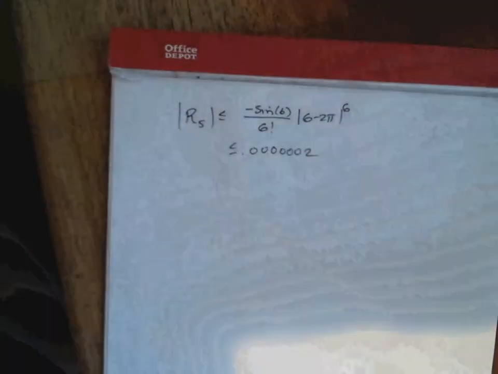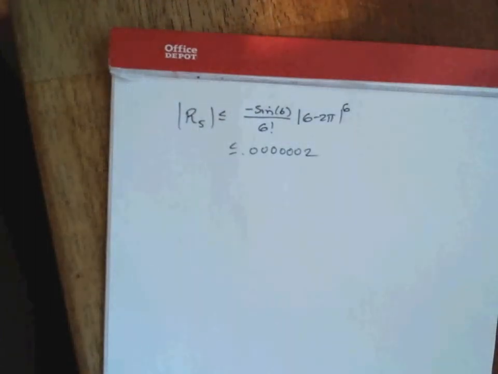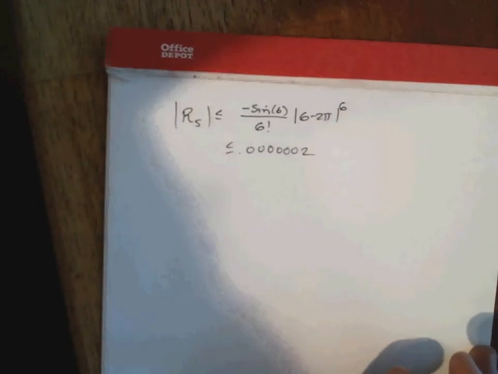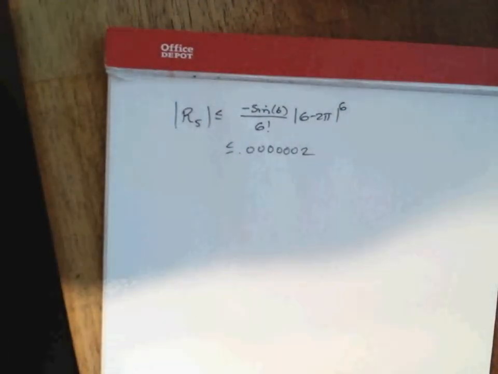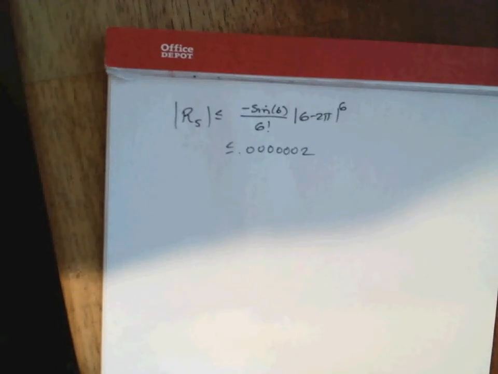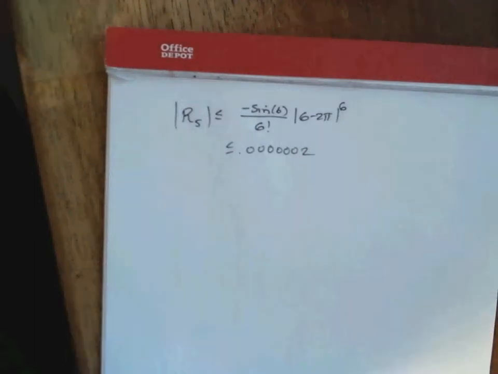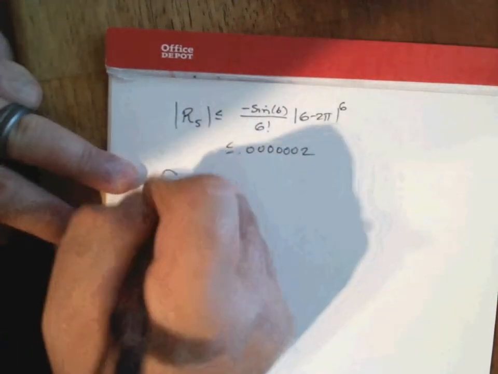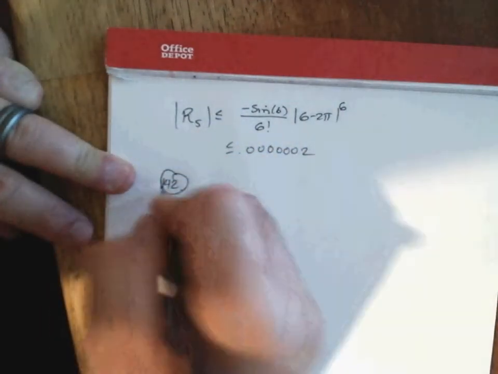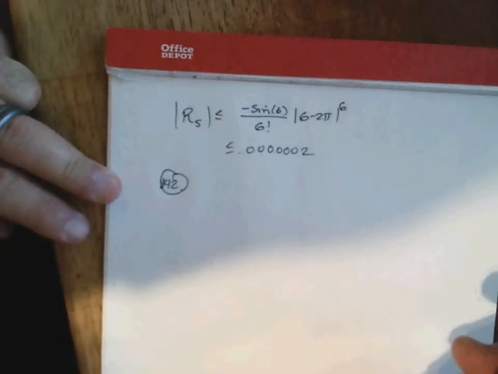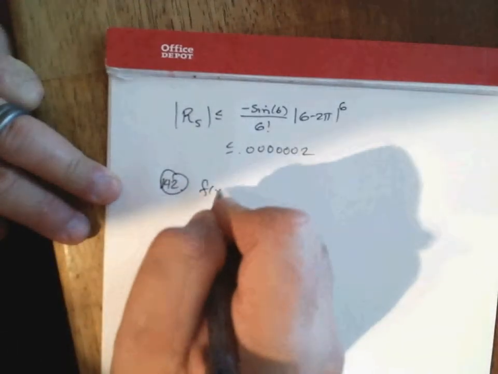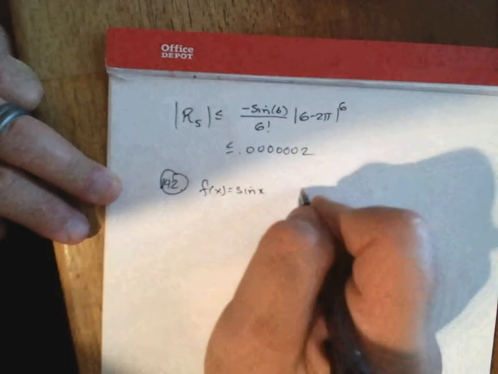Let's see what we want to do here on the exercises. How about we try number 142, where the author asks us to find the Taylor series of the given function centered at the indicated point.